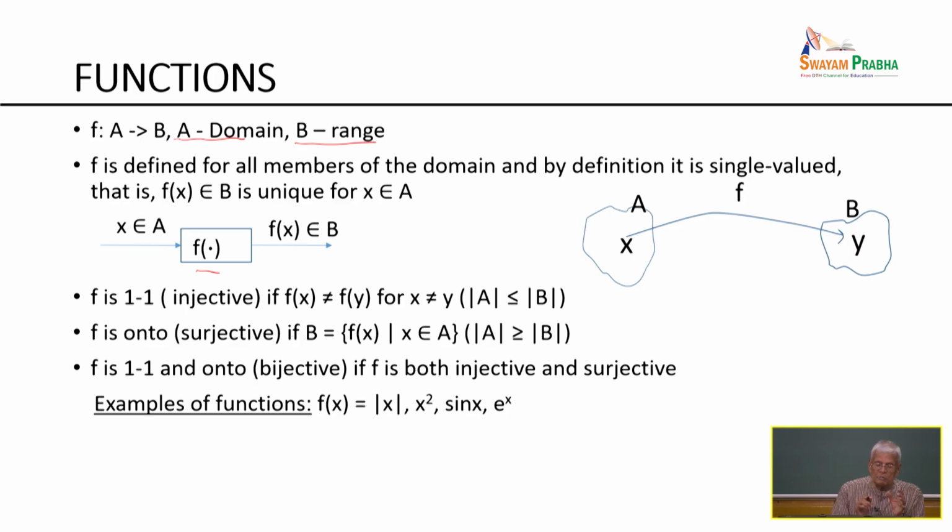Now we are going to talk about special classes of functions. f is said to be injective or one-to-one if I pick any two points x and y not equal, the values f of x is not equal to f of y. That means distinct points in the domain are mapped onto distinct points in the range.